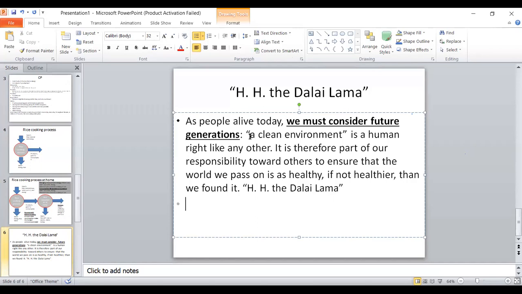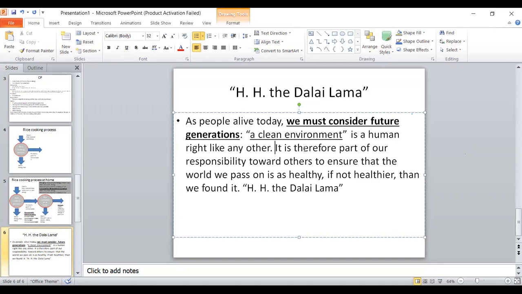What? A clean environment. We happen to talk about the clean environment because the environment is getting polluted, getting unlivable day by day. So a clean environment is a human right like any other.